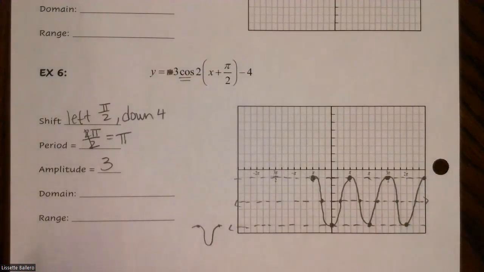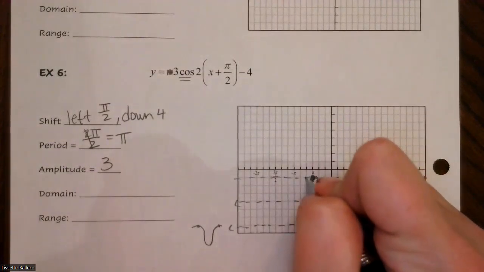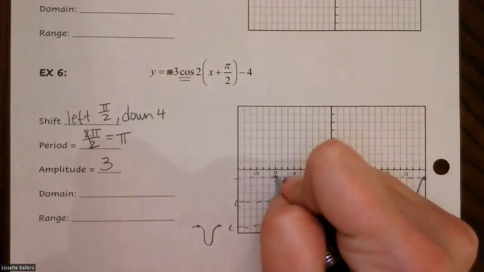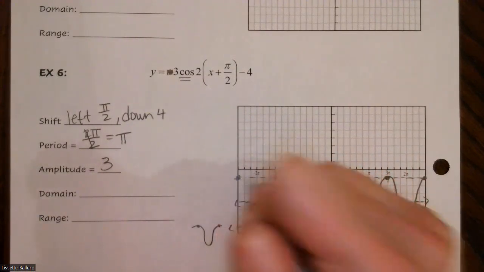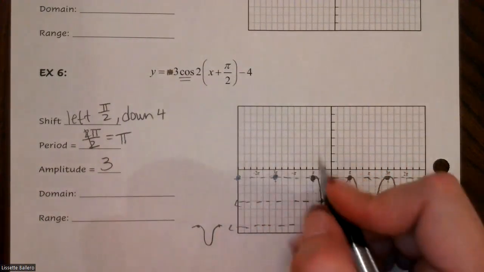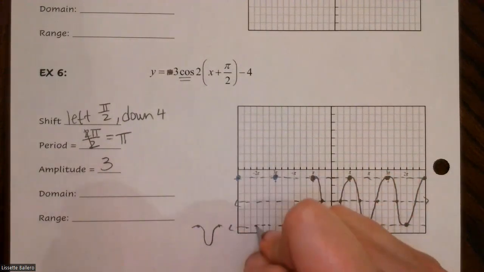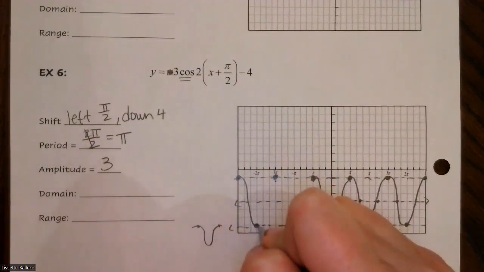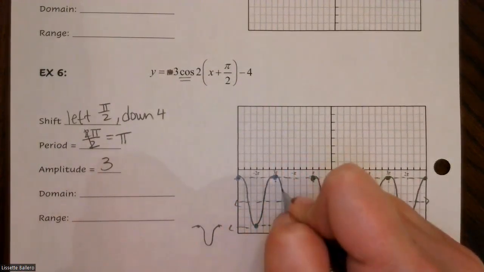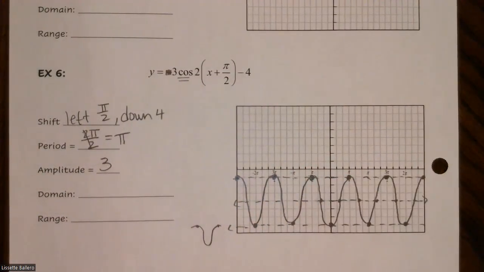We see more cycles here just because the period is smaller. Every 6, I'm back at the top. In the middle of those, I'm at the bottom. And so there is our cosine curve.